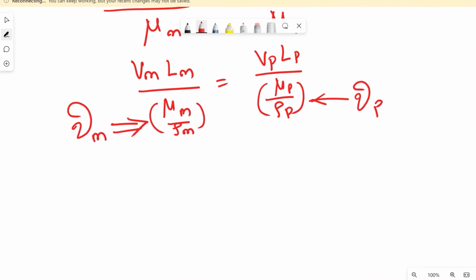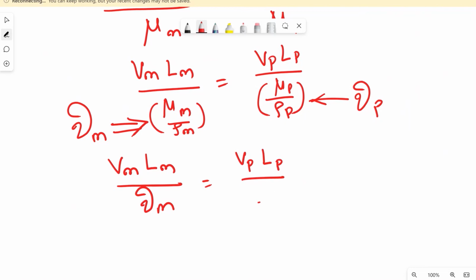So now I can express Reynolds model law as V m L m by nu m is equal to V p L p by nu p. Now V m is what we don't know, L m they have not given, but they have given L p.